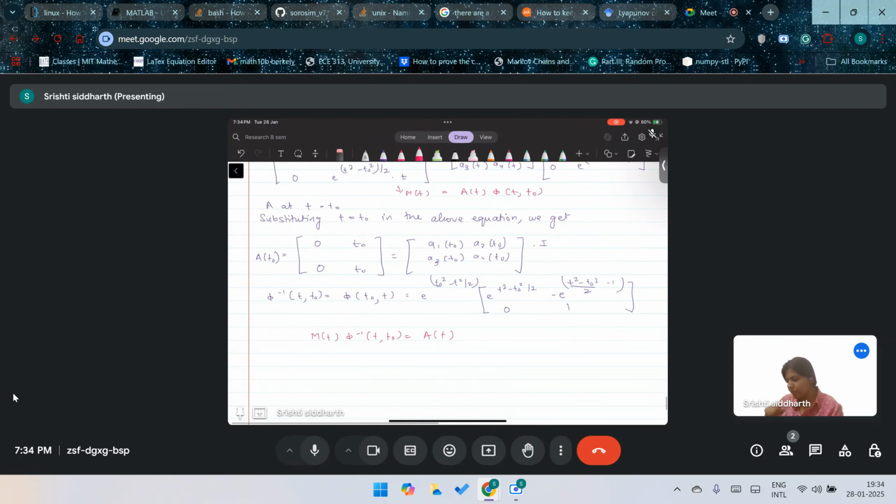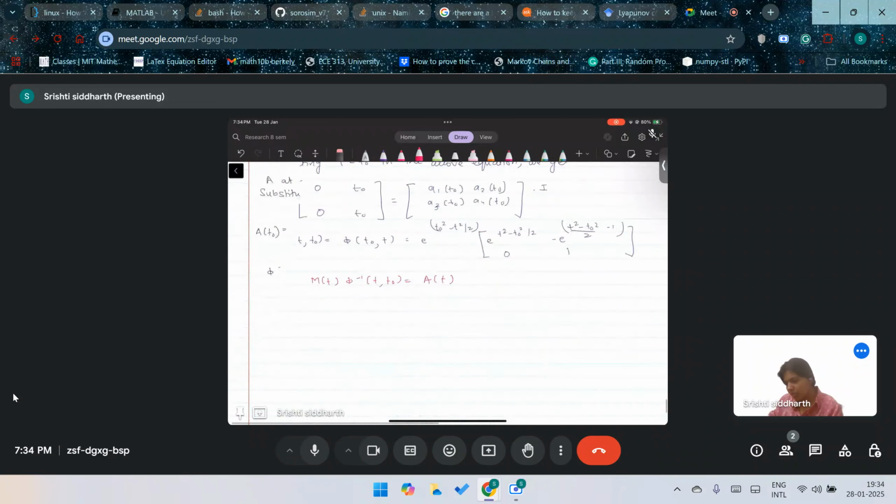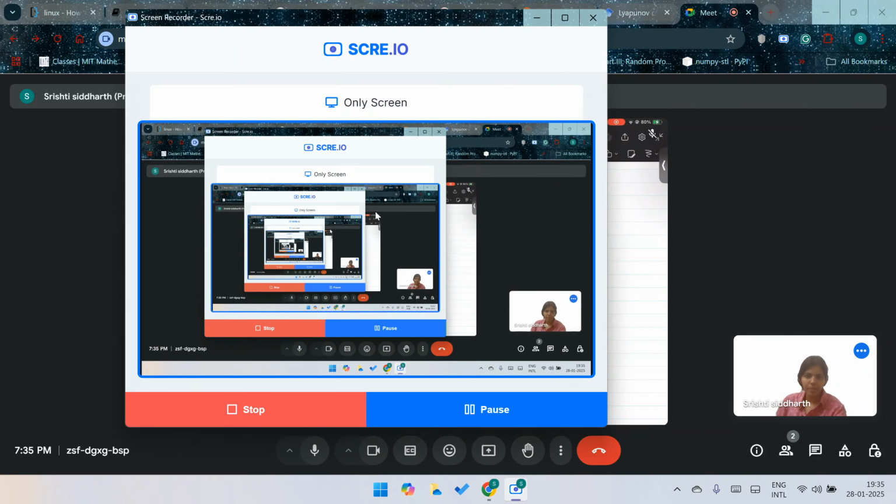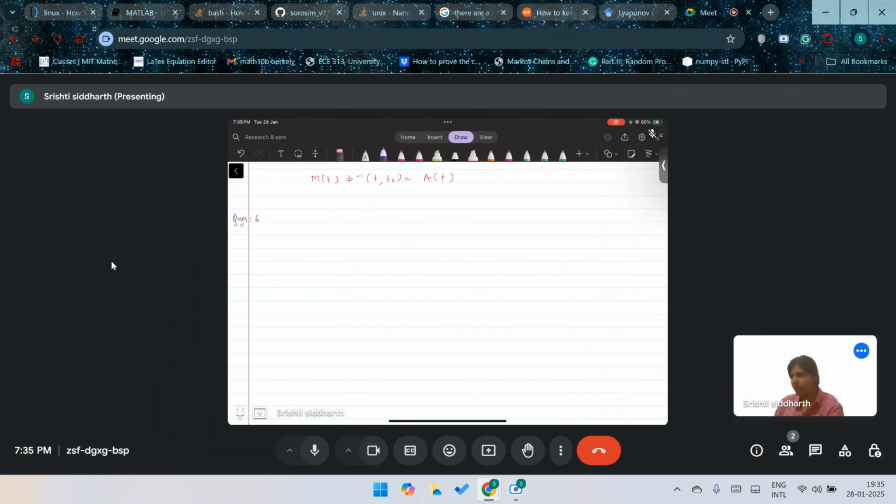Alright, so then we have the last question. Okay, so let us consider the system given by this time varying matrix A: minus 1, e to the power 2t, 0, and minus 1.